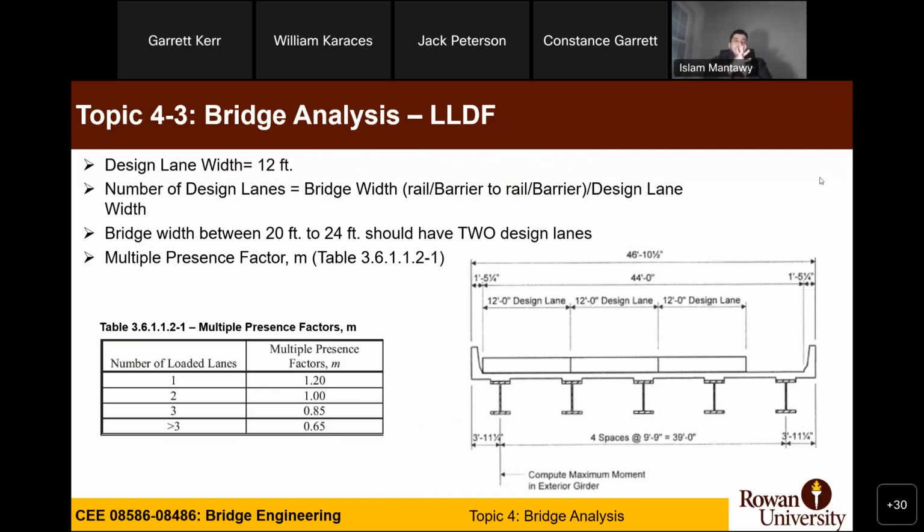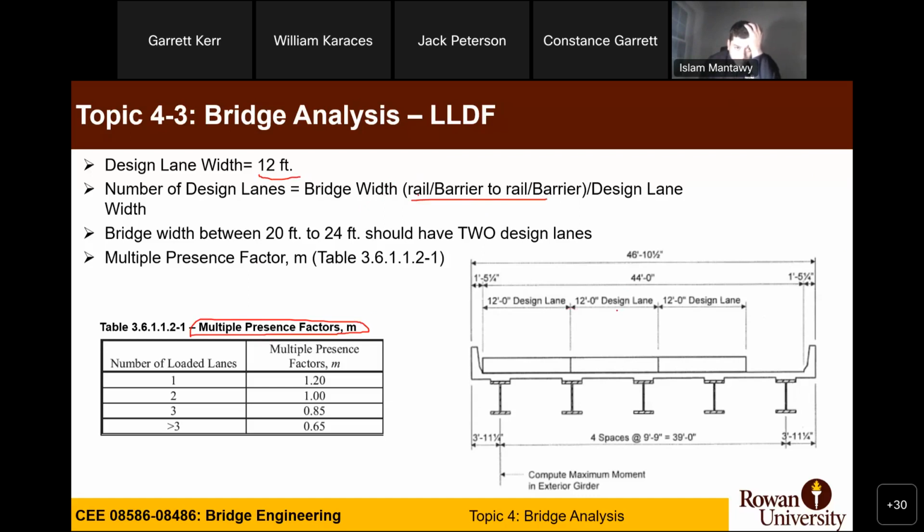Can you tell us a little bit about what the multiple presence factor is, if you still remember from a few sessions before? Yeah, as we discussed above, the design lane width is 12 feet. We want to fit as many of those design lanes into the width of the bridge cross section as we can, from the rail of the barrier to the other rail of the barrier. We fit those 12-foot design lanes next to each other as closely as we can.